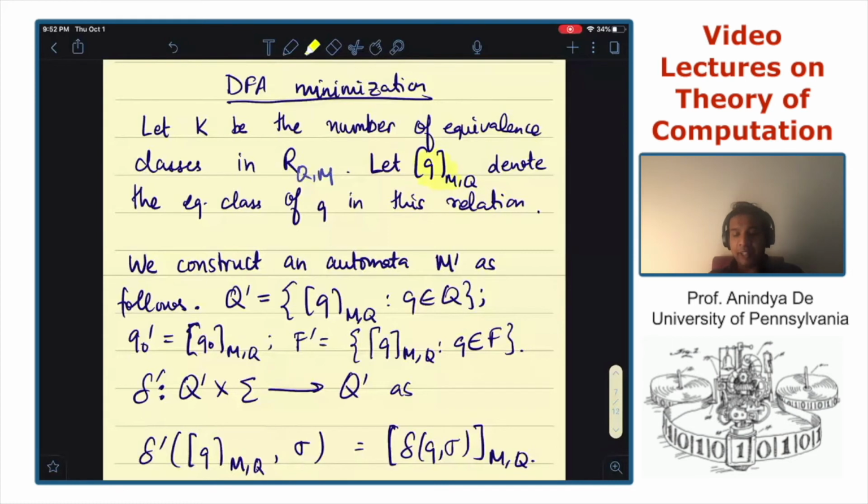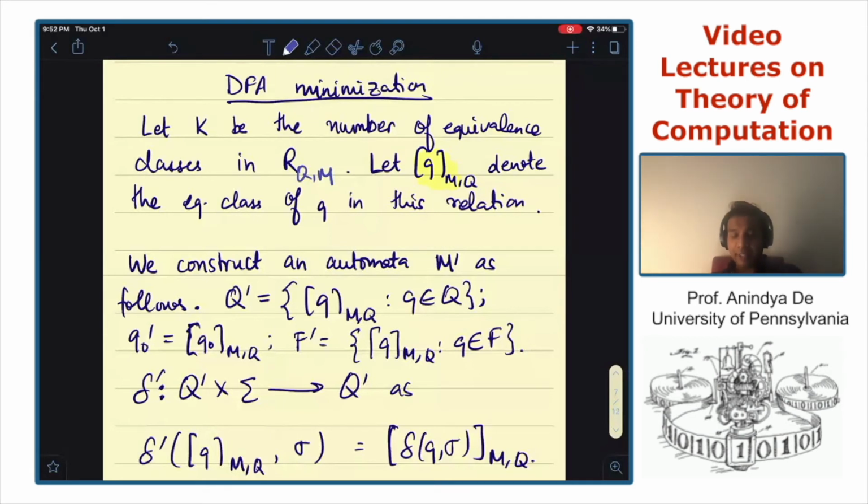I could have written it as bracket q comma M. This was a typo, I wrote it as M comma q, but it's immaterial. So for a state q, let it denote the equivalence class of q in the equivalence relation R_{Q,M}.